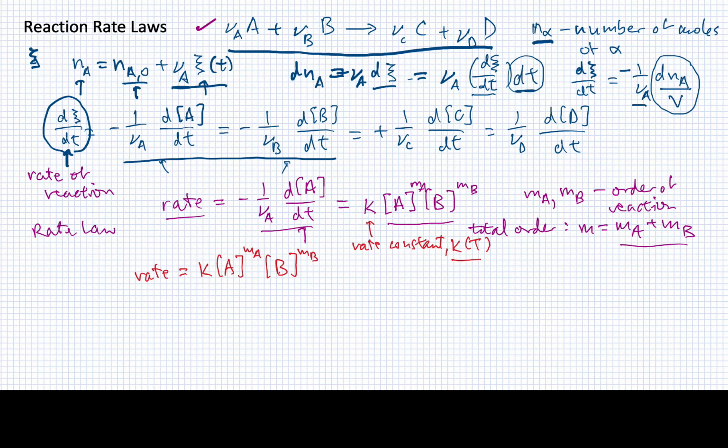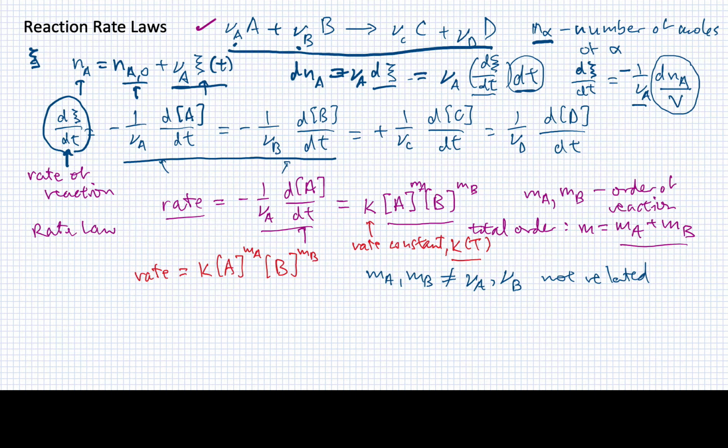Now, I want to be sure to clarify that these powers here are not the same as the reaction coefficients. So they could be equal to them, but they do not necessarily have to be equal to them. They're not directly related. So don't fall into the trap of saying, oh, well, I've got these integers up here in the balanced chemical equation, I can just put those in to create my rate law. That is not the case.